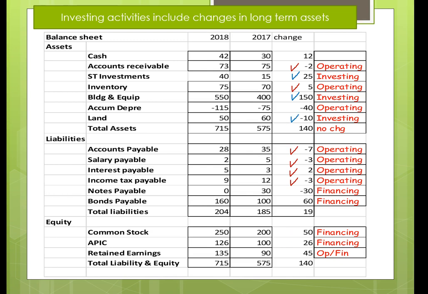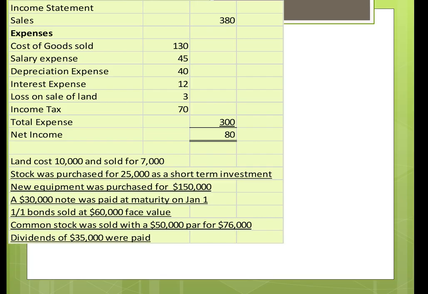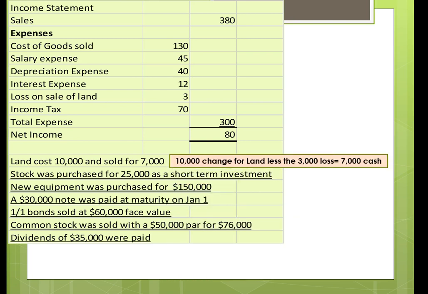So now we know what the change is. The next thing we need to do is look at the notes that we showed for the income statement. We know that the $10,000 change for the land less the $3,000 loss means we got cash of 7.